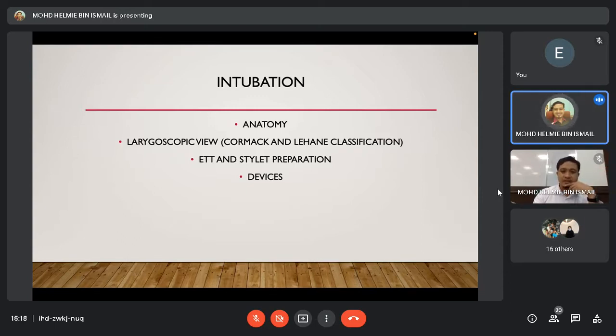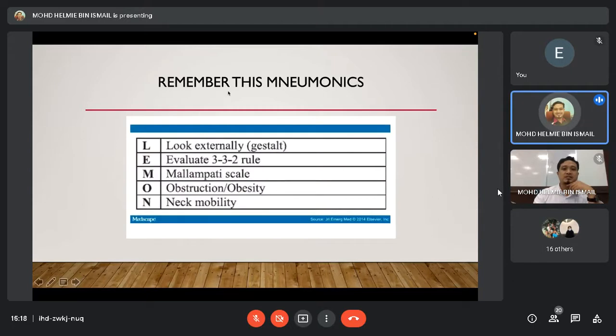You need to prepare the LMA in case of failed intubation, and then you need to prepare for intubation. Basically all the equipment for airway intubation. Alright. So for anatomy, this one is, remember, difficult intubation, LEMON.